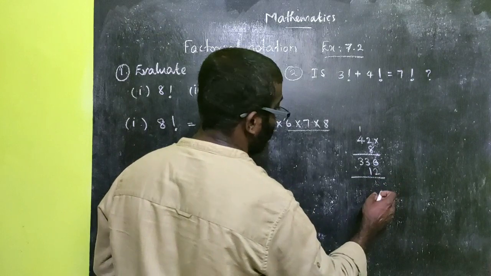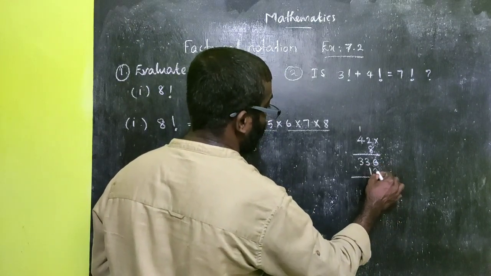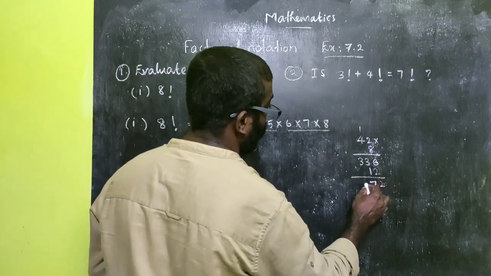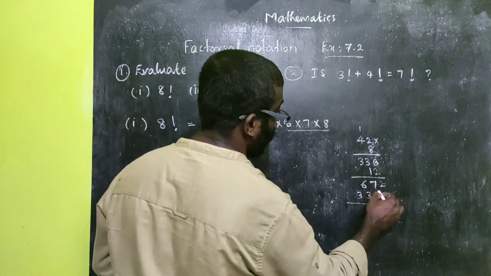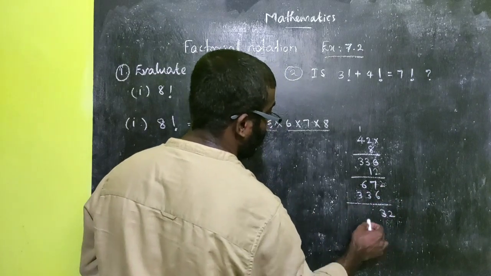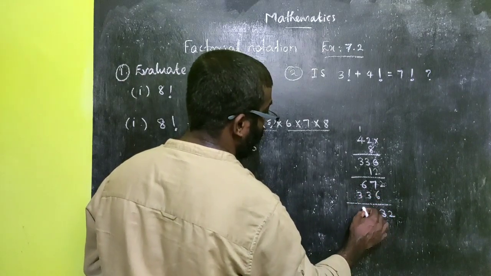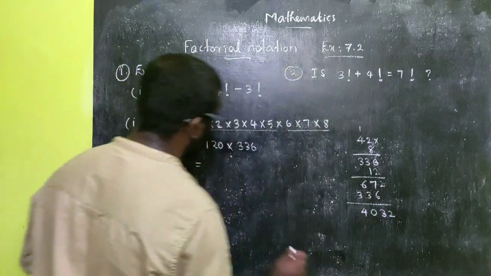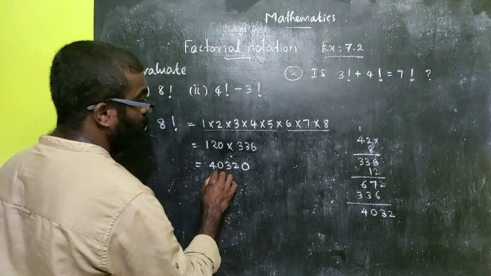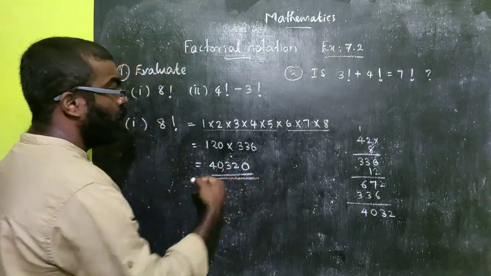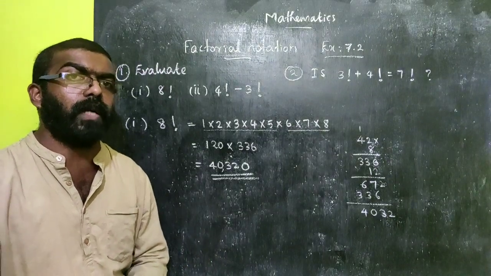Here we can multiply with 12. 6 2s are 12. 1 balance. 3 2s are 6. 6 plus 1 7. Then 3 2s are 6. Here 6, 3, 3. 2 7 plus 6 13. 1 balance. 6 plus 3 plus 1 10. 1 balance. 3 plus 1 4. That is 4 0 3 2, then 1 0. Okay, 40,320. This is the value of 8 factorial.